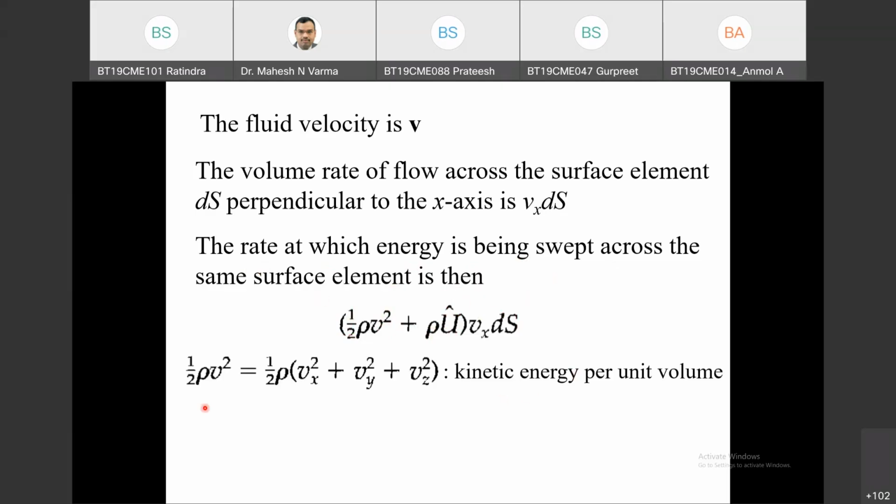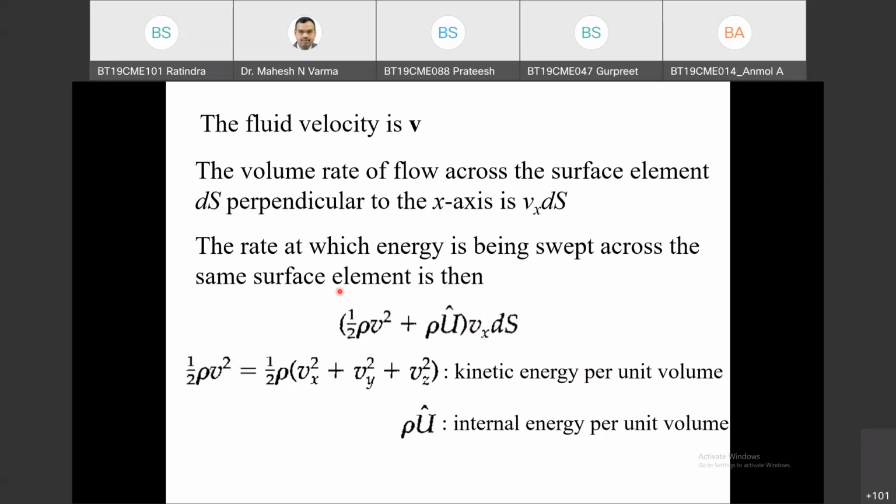Okay, so half rho V squared will be the kinetic energy per unit volume, because convection is associated with bulk motion, bulk motion is characterized by velocity, and the energy associated with velocity is kinetic energy. So kinetic energy will be there whenever there is convection. And rho into u is the internal energy per unit volume, and this will be multiplied by the volumetric flow rate.